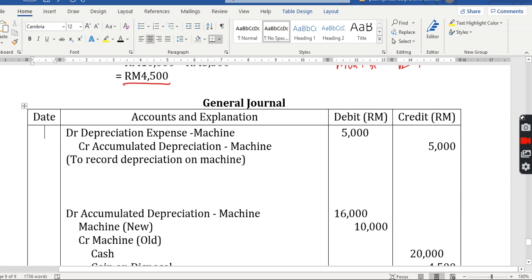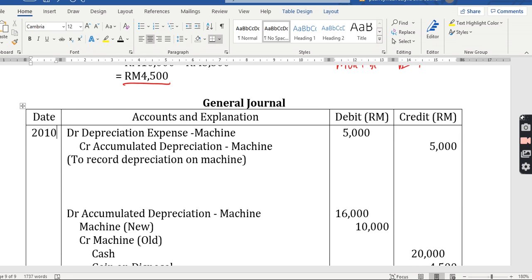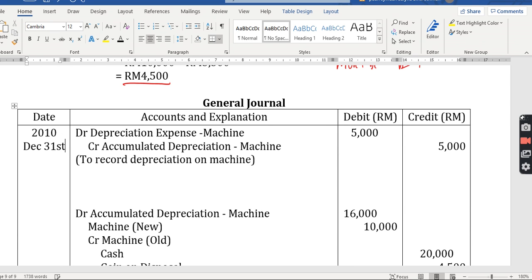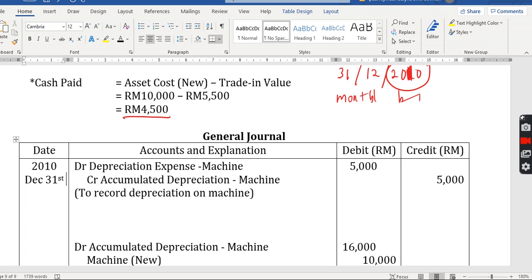Okay, so for 2020, December 31st, we will first journalize the depreciation expense for 2020. Dan only 5,000 ni akan masuk dalam accumulated depreciation.